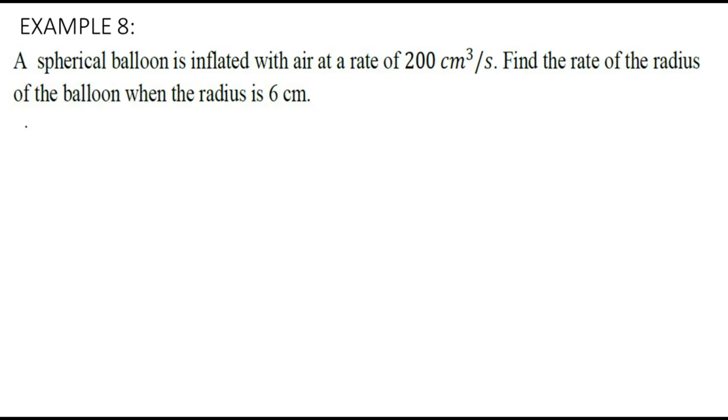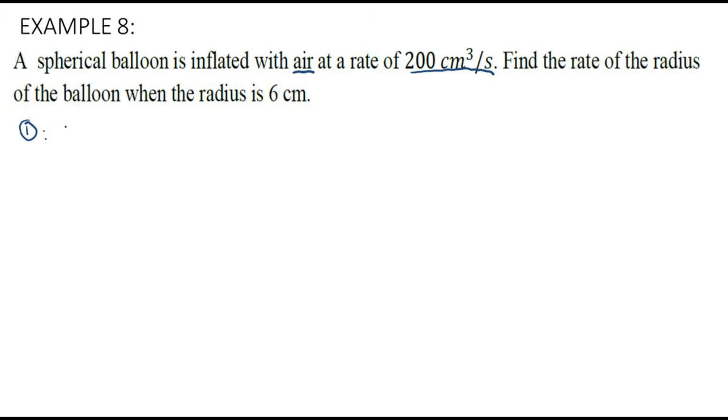Our first step, as we mentioned before, is to find two main pieces of information. The first is the rate given in the question. From the first sentence itself, a spherical balloon is inflated with air at a rate of 200 cm³ per second.